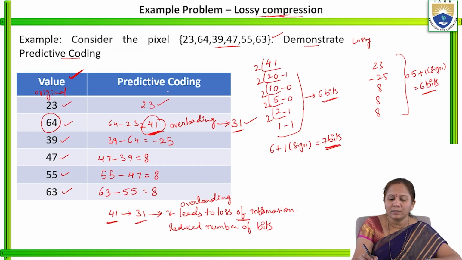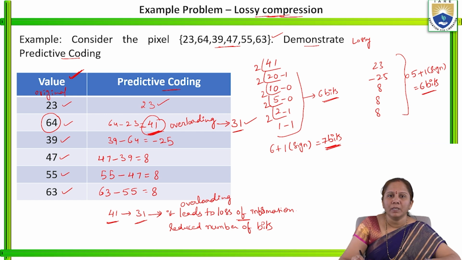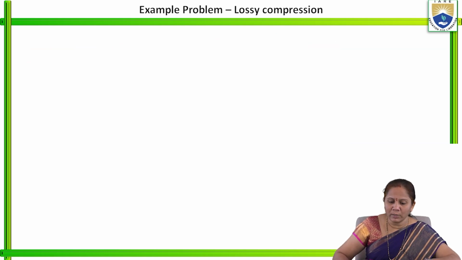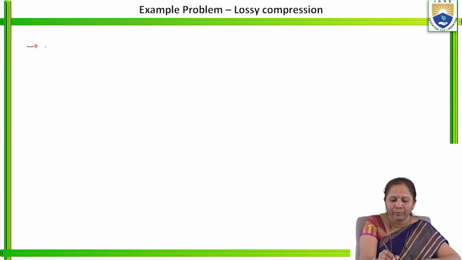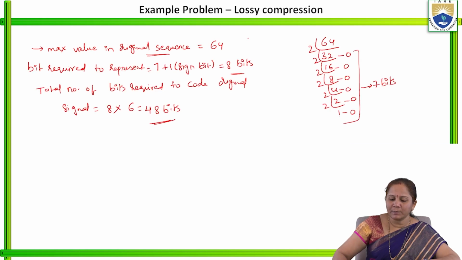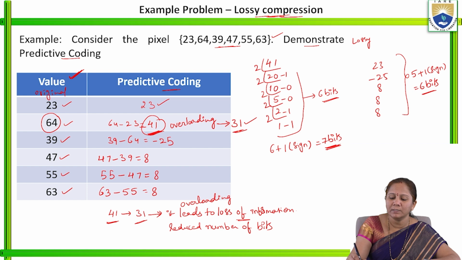And what is the next one? Predictive coding. Now consider the values in predictive coding and do the same procedure. What is the maximum value in the predicted code sequence?